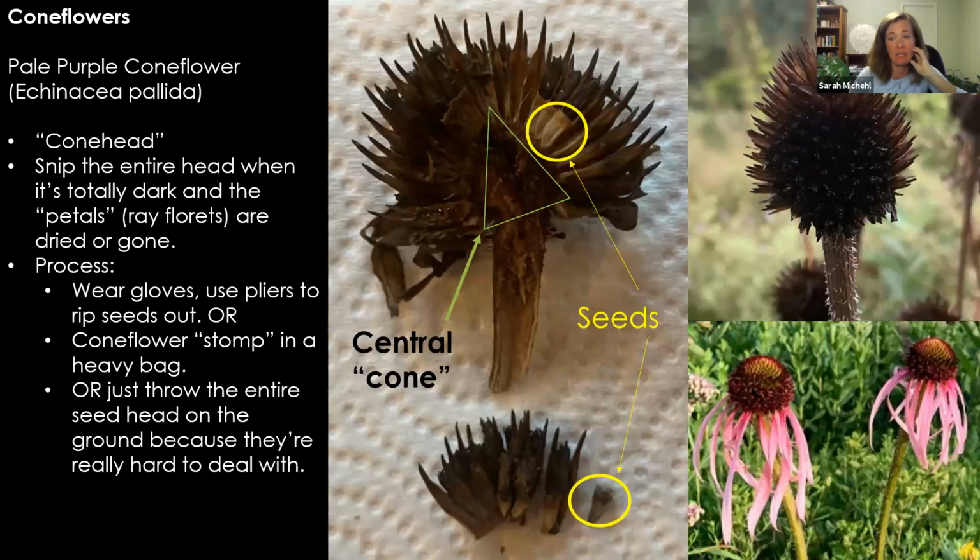How do we know when they're ready to be collected? They're going to look dry and brown and dead. I think you're probably getting the pattern here. Look down on the bottom right. Obviously, those are not ready to be collected yet. They still have the purple little petals, they're not petals, whatever, ray florets hanging off of them.